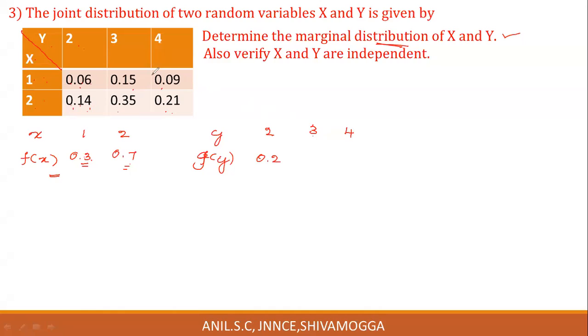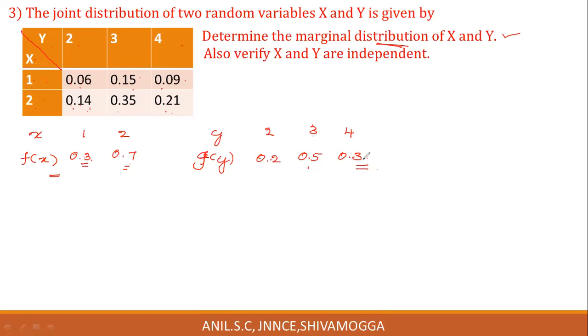Corresponding to this 3, we have 0.15 plus 0.35, that is 0.5. Corresponding to this 4, 0.09 plus 0.21, that is 0.3. All these functional values are greater than 0 and their sum is equal to 1. 0.2 plus 0.5 is 0.7, 0.7 plus 0.3 is 1. This is called marginal distribution of y.